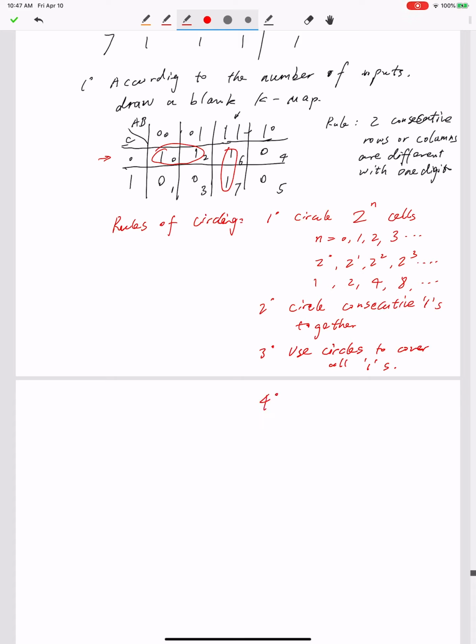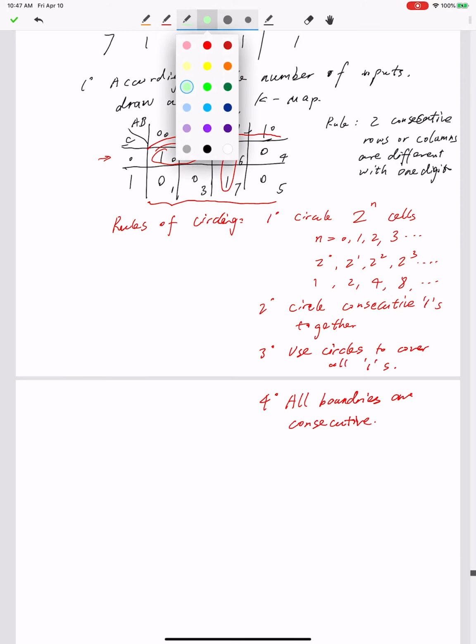But there's a fourth rule, which is all corners and all boundaries are consecutive. What that means is this boundary is consecutive with the bottom one, and the left is also consecutive with the right. If you imagine the kernel map as a piece of paper, then we can roll this paper into a cylinder, right?